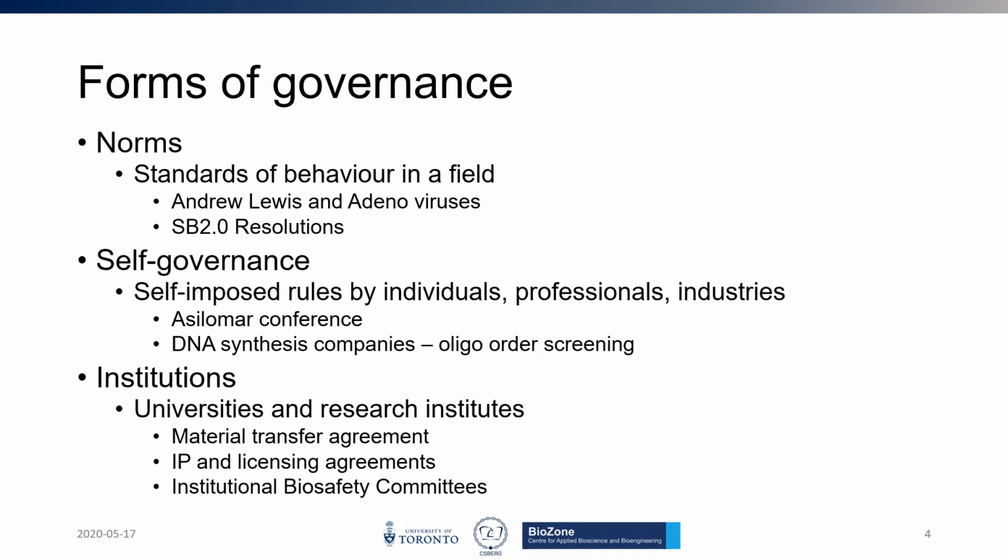The SB 2.0 resolutions are another example of norms. SB 2.0 was a conference that involved scientists and many people outside of science as well, after which they came up with a bunch of resolutions on the standards for screening DNA synthesis material or information on the customers to which these oligos and biobricks would be distributed, as well as general resolutions on biosafety and biosecurity issues.